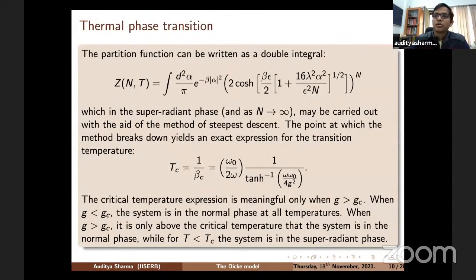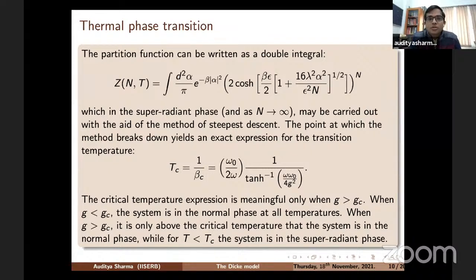And next we go to the so-called thermal phase transition. There is a way to calculate this thermal phase transition. One can write down an expression for the partition function in terms of a double integral, right? You can work with some kind of coherent state basis and so on, and do a few lines of algebra. This is in the superradiant phase.